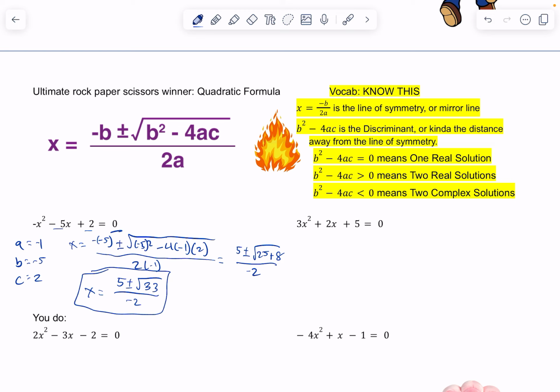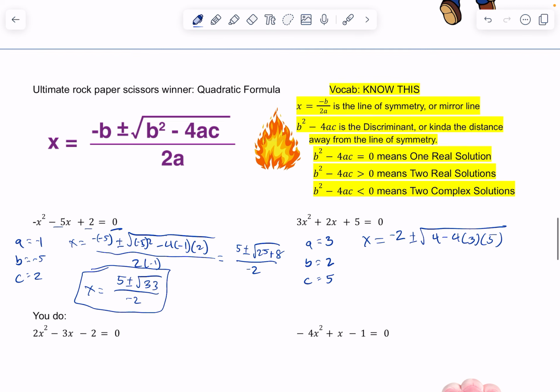All right, next problem. A, B, C. I get A is 3, B is 2, and C is 5. Plugging that into my big giant formula is going to be negative b, -2, plus or minus the square root of 2 squared, that's 4, minus 4 times 3 times 5.